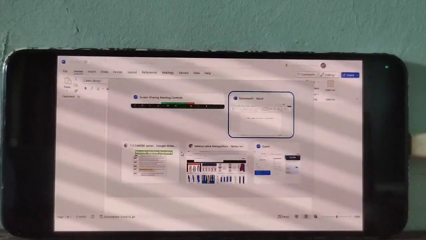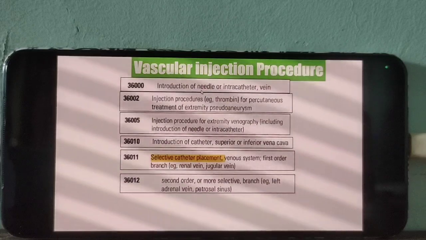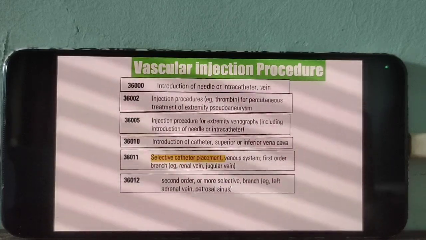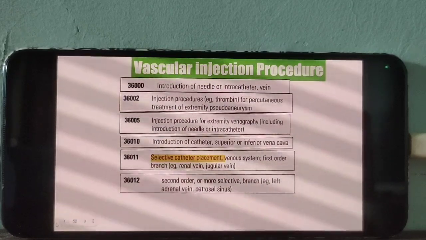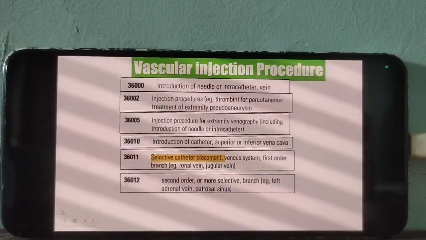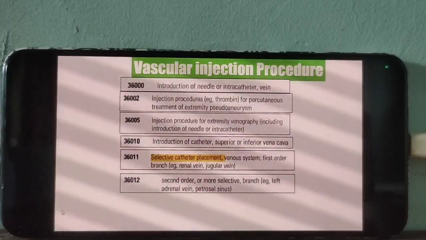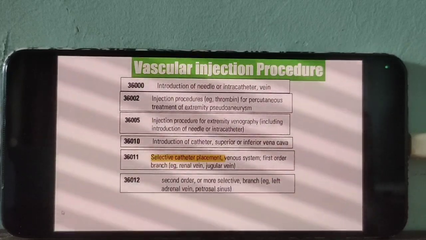So here, the doctor introduces a needle or catheter, meaning the doctor inserts a needle or catheter in a vein: 36000.